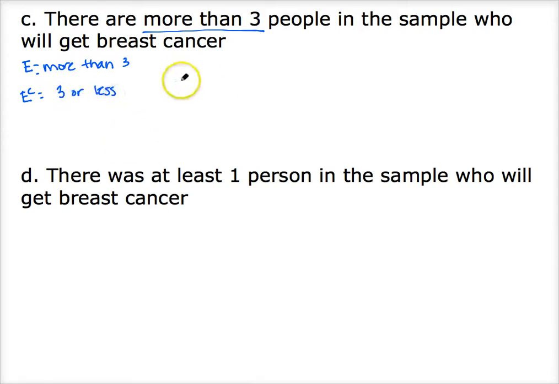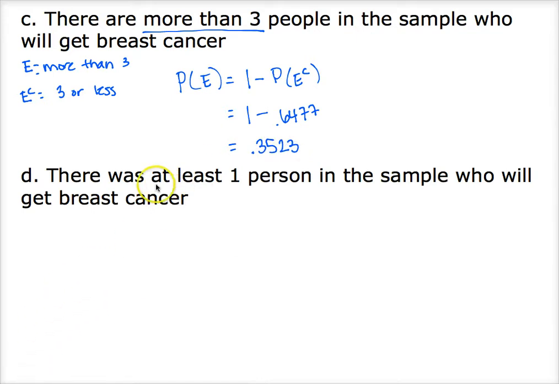Applying the complement rule, we know that the probability of our event is equal to 1 minus the probability of its complement. In the previous example, we found the probability of 3 or less as 0.6477. So the probability that more than 3 people will get breast cancer is equal to 0.3523.